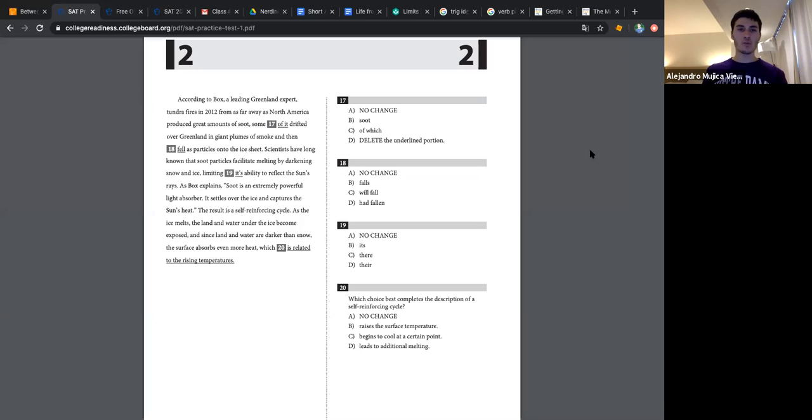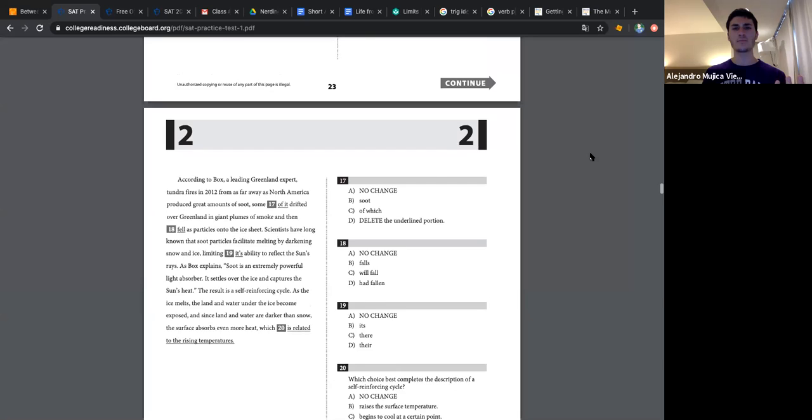If this sounds wrong to you, you're on the right track, because some of it uses a pronoun to set up an independent clause, with some of it drifted over and so on. It's setting up an independent idea that can stand on its own. So a comma would not be enough to separate it.